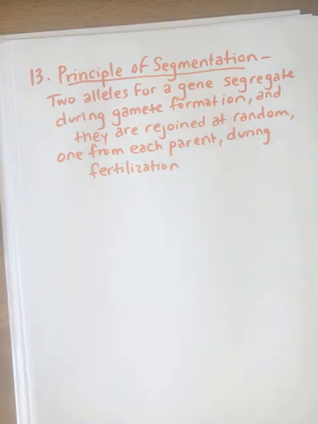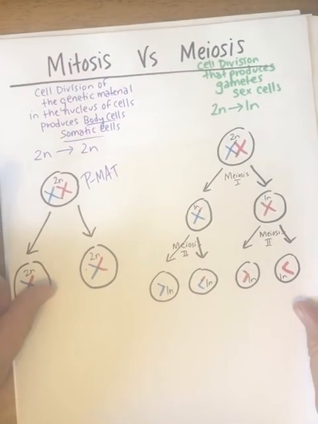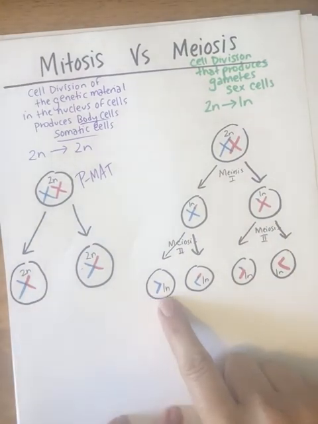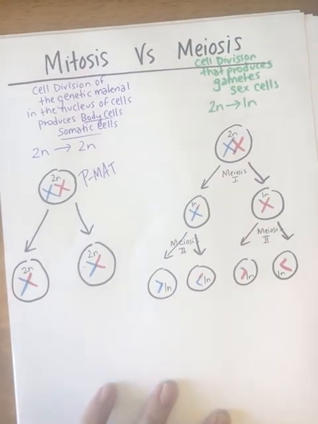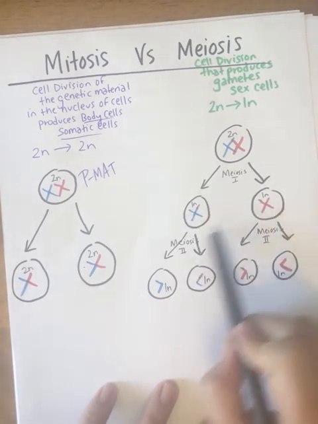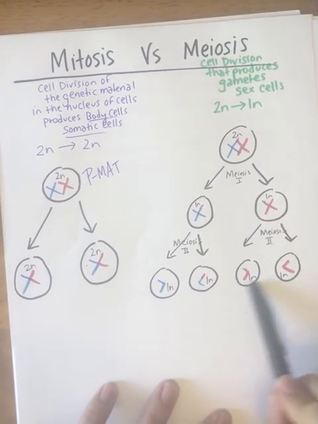So a long time ago, we covered meiosis. And during meiosis, we learned that we could produce 4 different possible gametes. Here is my review of mitosis versus meiosis. Meiosis produces gametes. Your genetic material separated during meiosis.